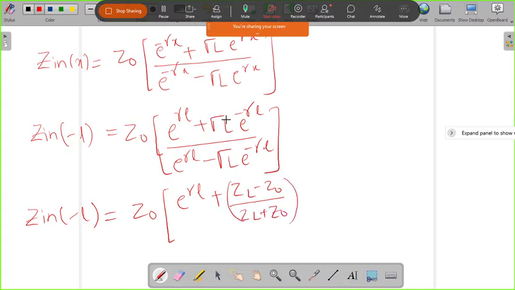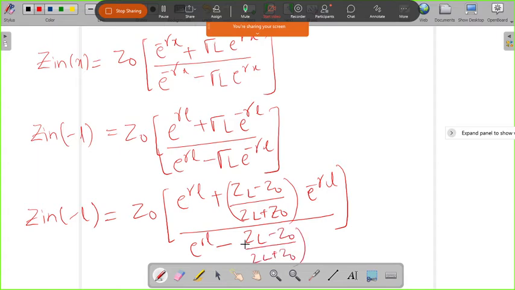Let us keep e power minus gamma L as it is, and similarly, substituting minus gamma L, it becomes e power gamma L minus ZL minus Z0 divided by ZL plus Z0 into e power minus gamma L.